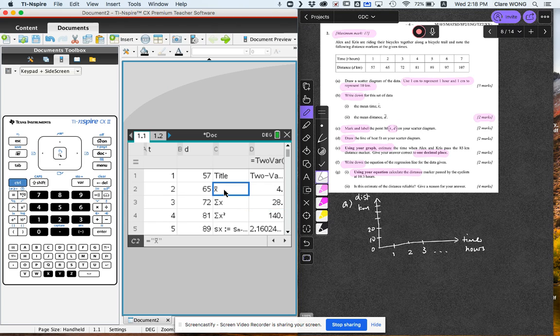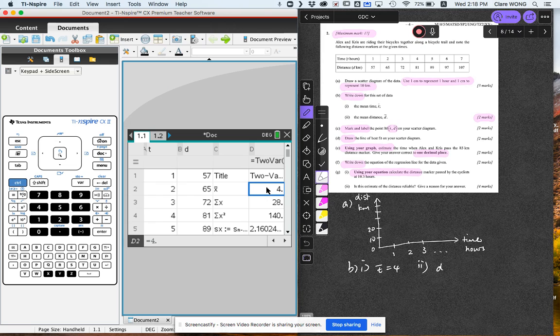The mean of x. Now our x is our time, so 4. Or you can write mean of t is 4.